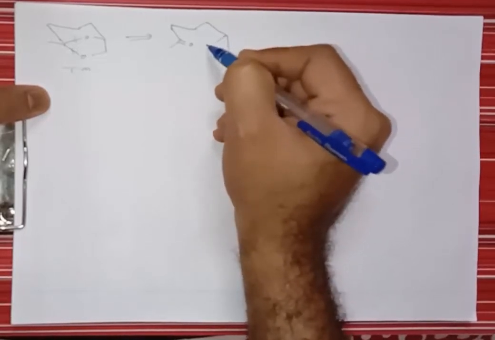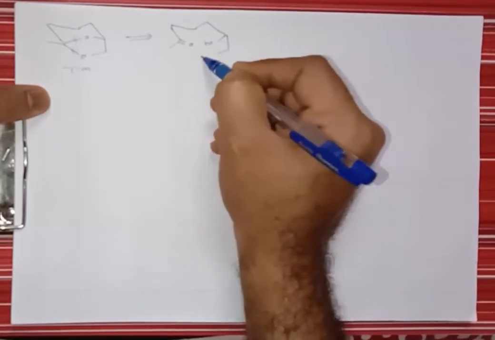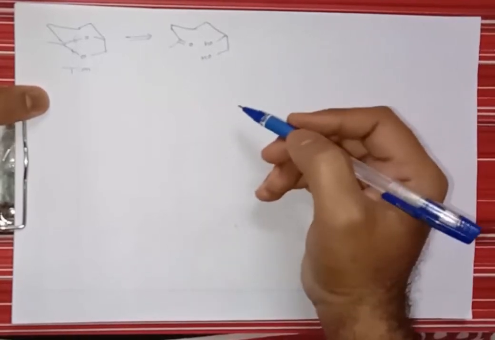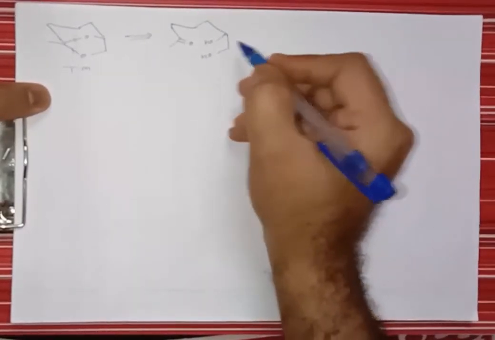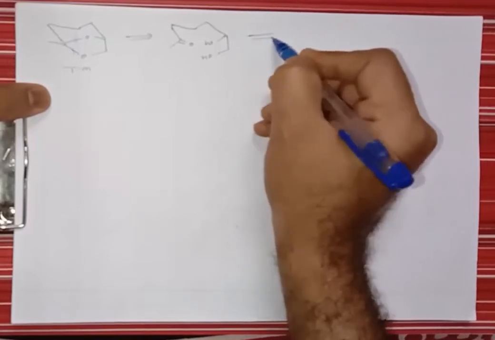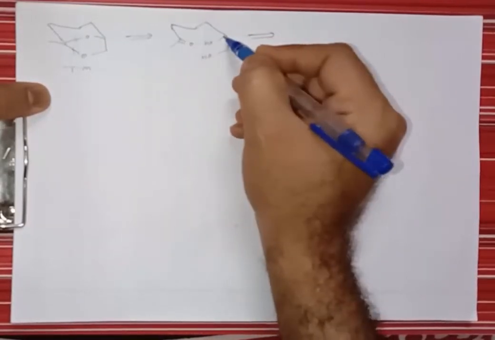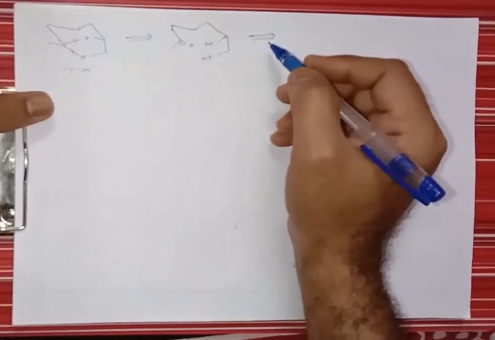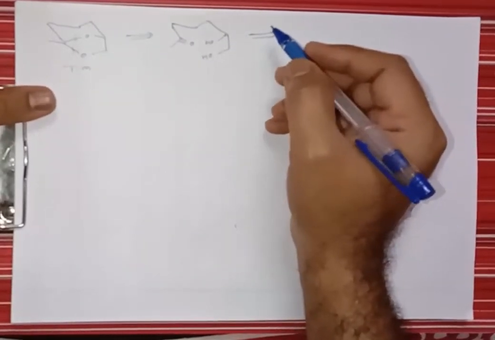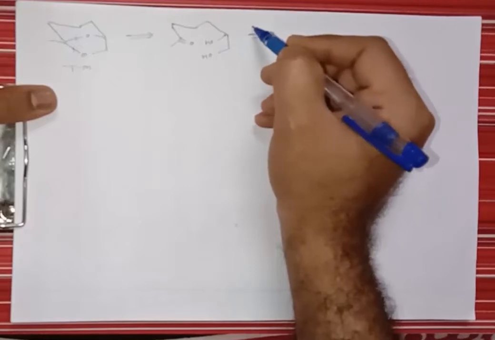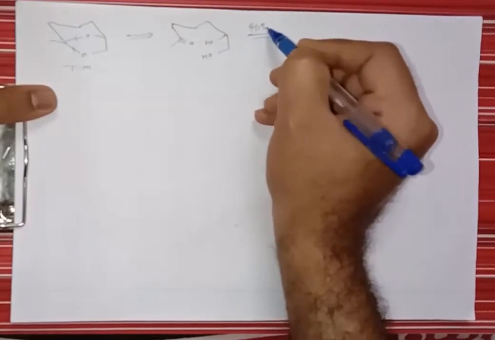So here is OH and here is OH, that means a diol group is there. Then it is a 1 2 3 4 5, a 1,5 dioxygenated pattern, but firstly we have to convert it by functional group interconversion.